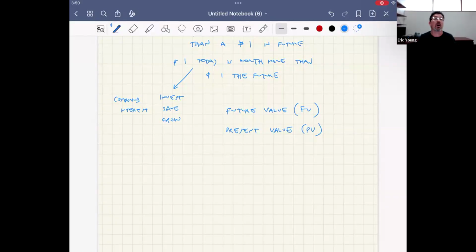I want it now. The present value today is how much $3,000 10 years from now is worth today. Seen another way, the present value today would be how much money you need today to grow that money to the 3,000 in the future.